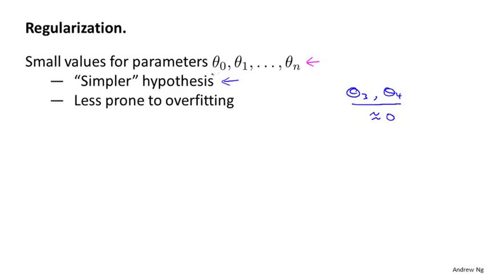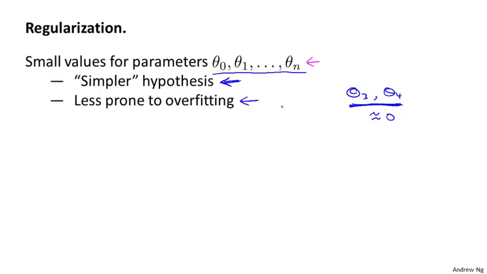But more broadly, if we penalize all the parameters, we can think of that as trying to give us a simpler hypothesis as well. It's possible to show that having smaller values of the parameters corresponds to usually smoother functions that are simpler, and which are therefore also less prone to overfitting.